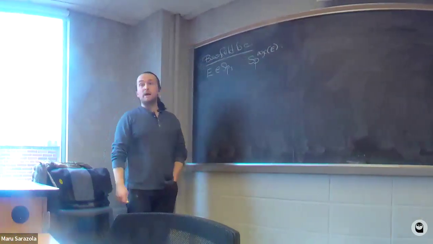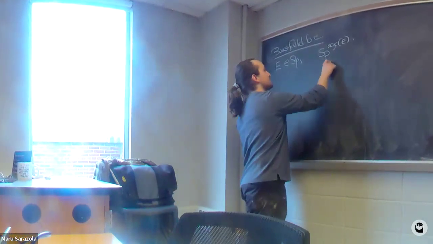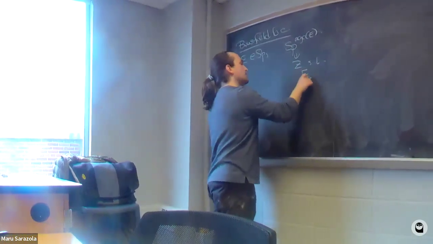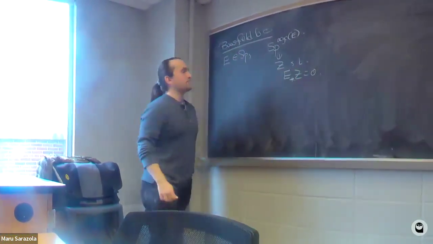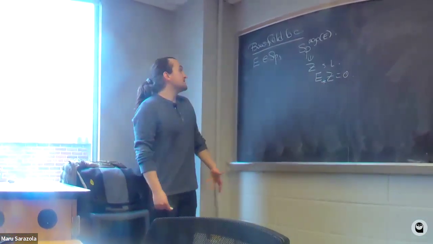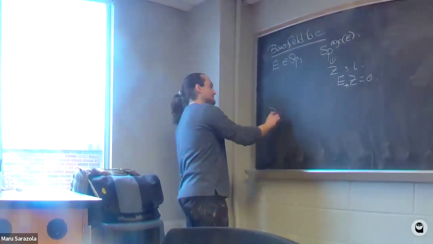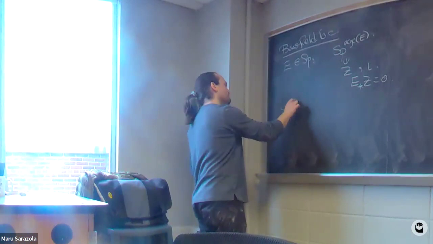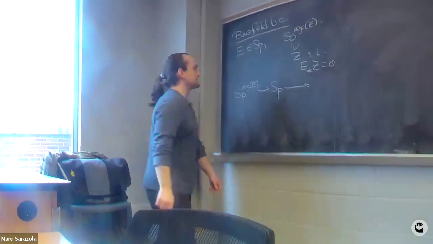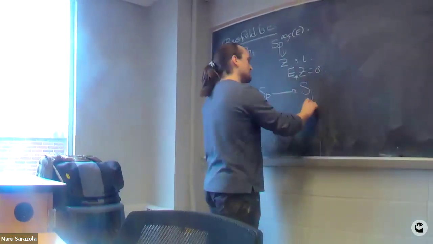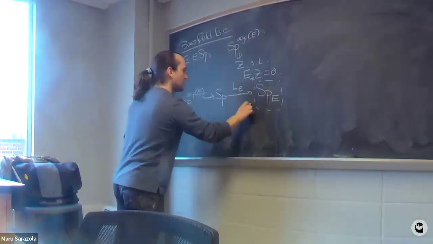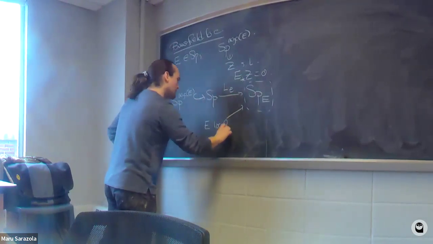This is a subcategory of spectra, and these consist of those spectra Z such that the E homology of Z is 0, by which I just mean the homotopy groups of the smash product of E and Z. And basically what you can do is take this subcategory of acyclics, which lives inside spectra, and take a quotient of this in some kind of way. And the result is something which you might call the category of E local spectra.